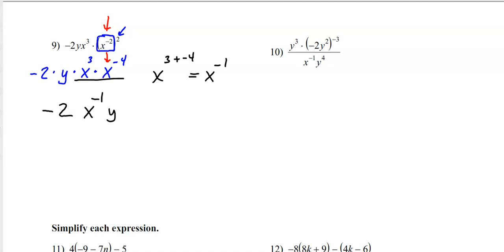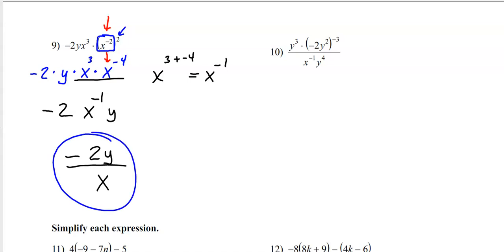So here's what I end up with when I follow my rules. But then I'm like, well, wait a minute. I got to fix that x by throwing it to the bottom. So now just the y's on top. Throw that x to the negative 1 to the bottom. Make it positive. And when you're entering this one in, we normally don't put to the 1st power. So I believe this would just be your answer here, and we would be all set.